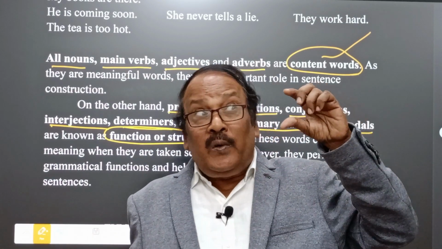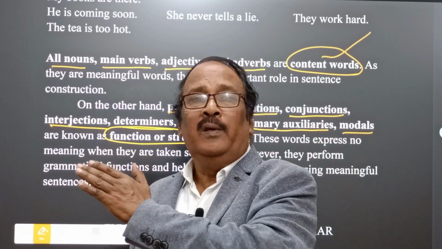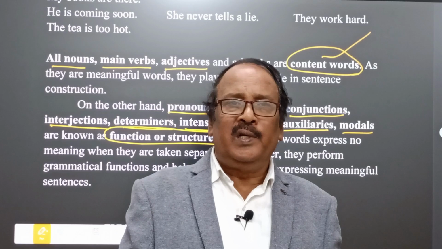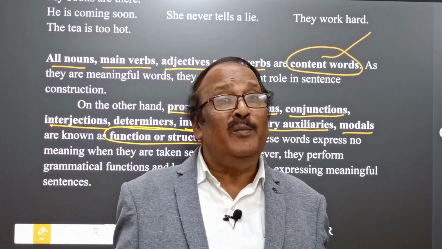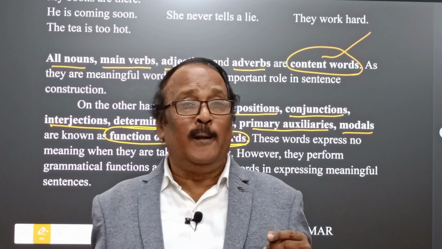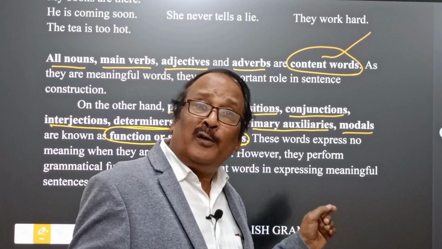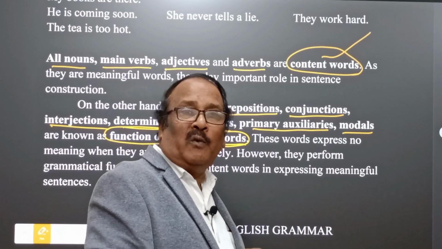I can speak English perfectly. So 'can' is no doubt helpful, but whenever we remove 'can' from the sentence, it doesn't express any meaning. Therefore, remember that they are the function or structure words.